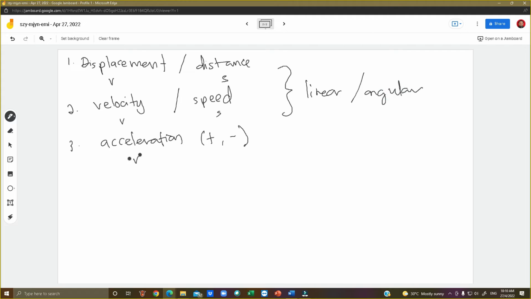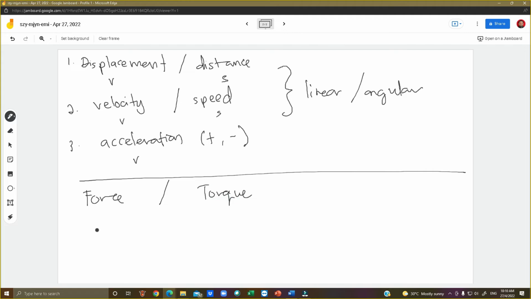Okay, ni yang asas. Besides these 3 things, we are going to add on some more, which is force. Okay, partner dia torque, T-O-R-Q-U-E. And we have mass, partner dia moment of inertia.